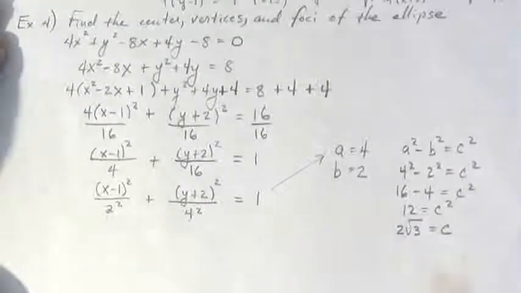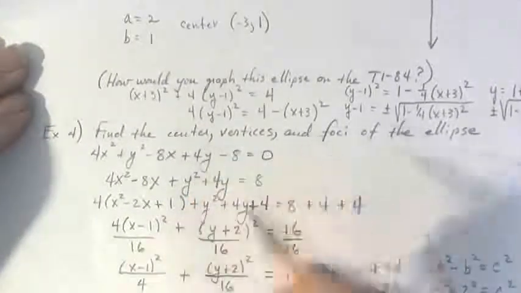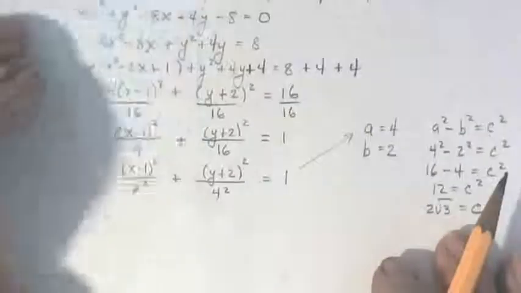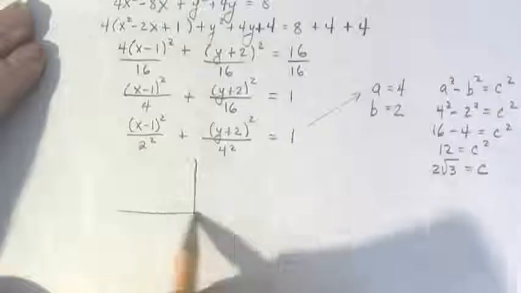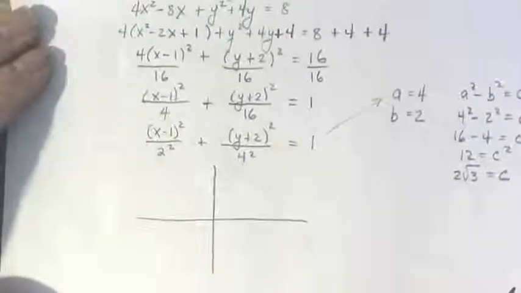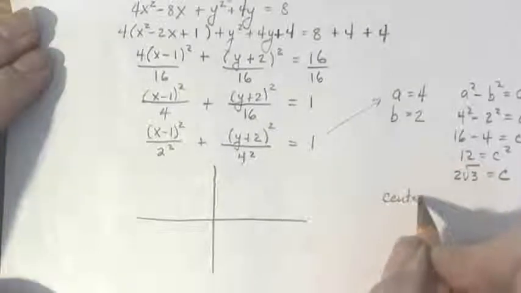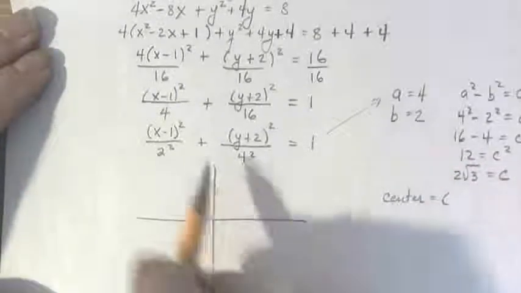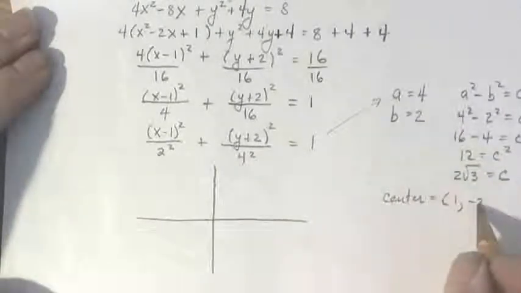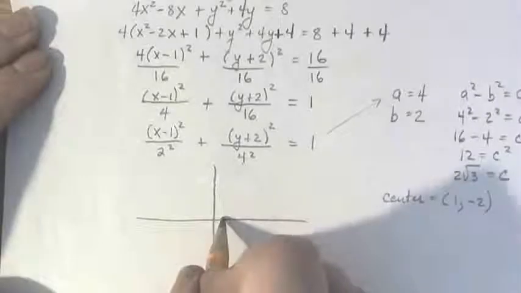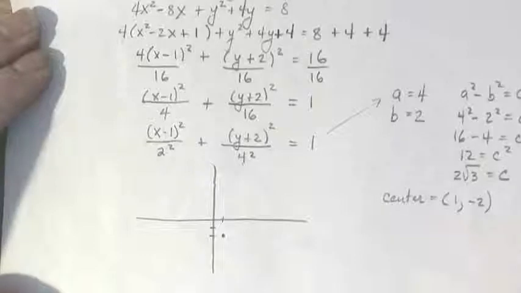Okay. Now the easiest way to find these points is to actually make the graph. So we'll make the graph, and the center is equal to 1, -2. So 1, -2.